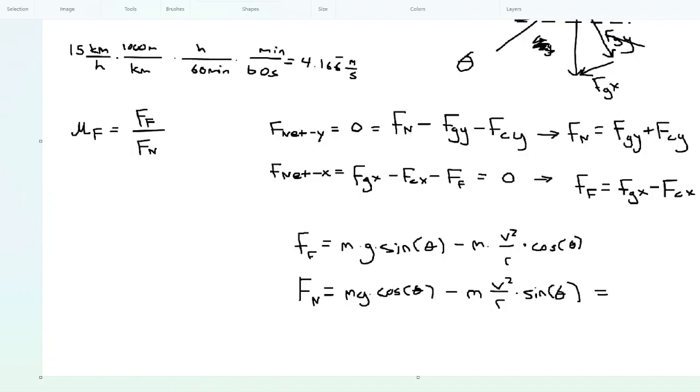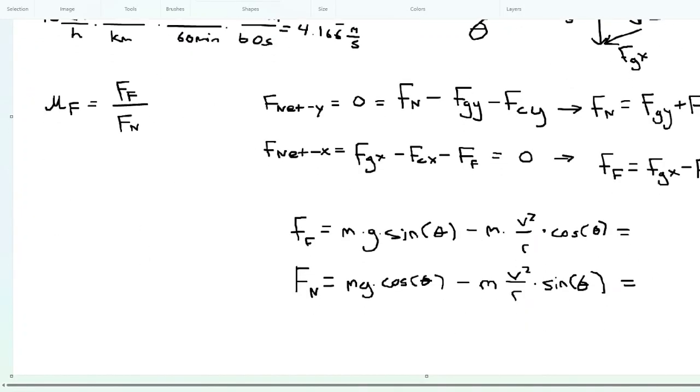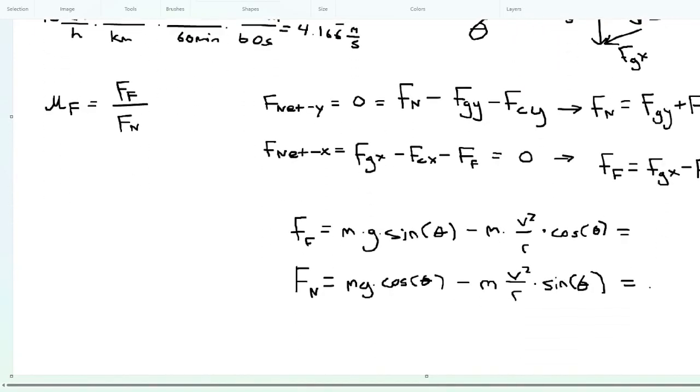So if we go ahead and solve for both of these, we don't have m, so let's go ahead and factor out m in this case. We can go ahead and factor out m in this case. We'll get m times, so we can go ahead and remove this.